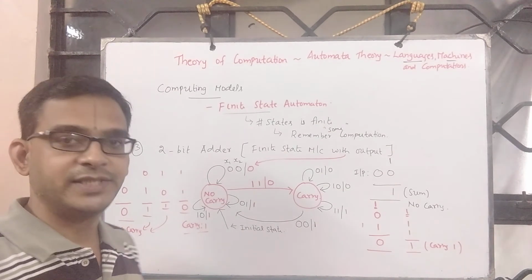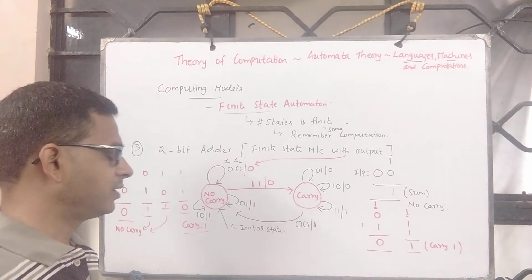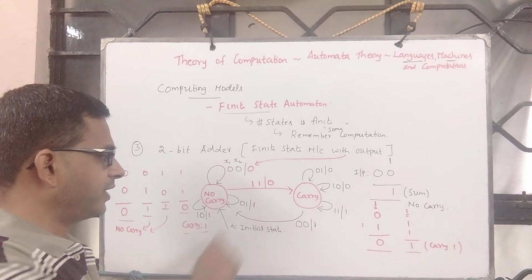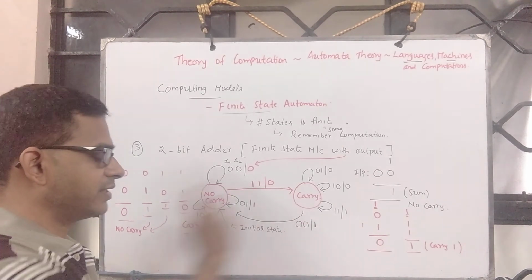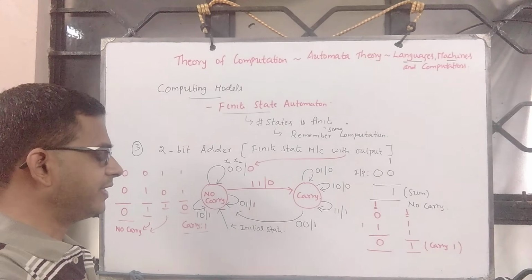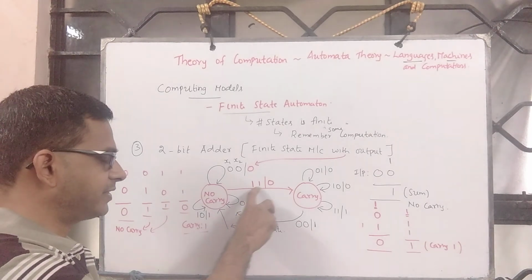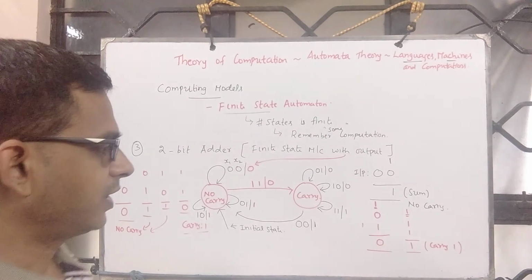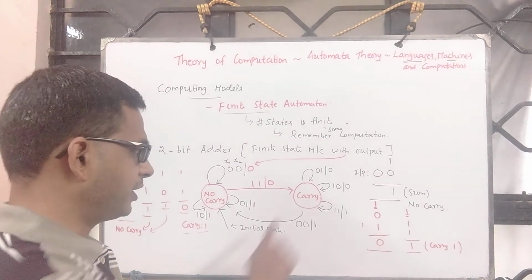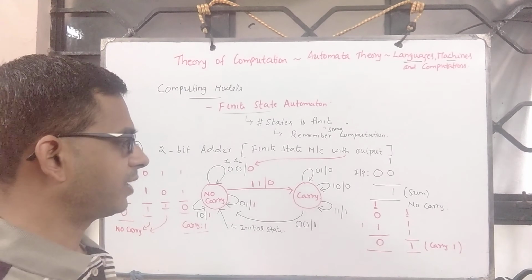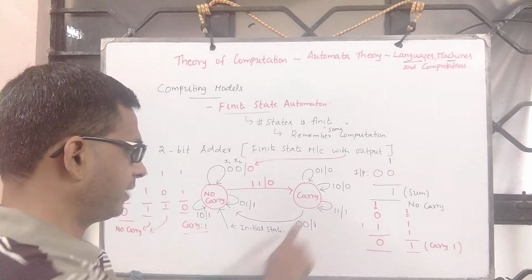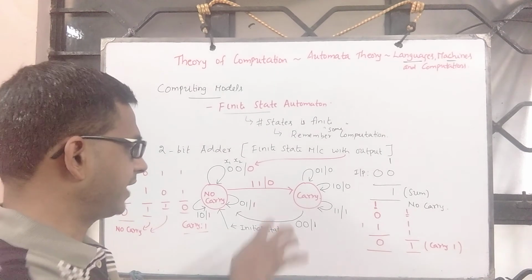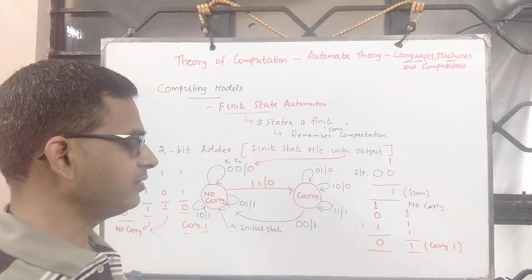Now, how do we formally describe a finite state machine? It has got something called states, then it has something called symbols, and when it reads symbols or when it reads a string, it moves from one place to another place, and it continues to stay at a particular state, or it can move from this state to this state, and in the process it can also output something.